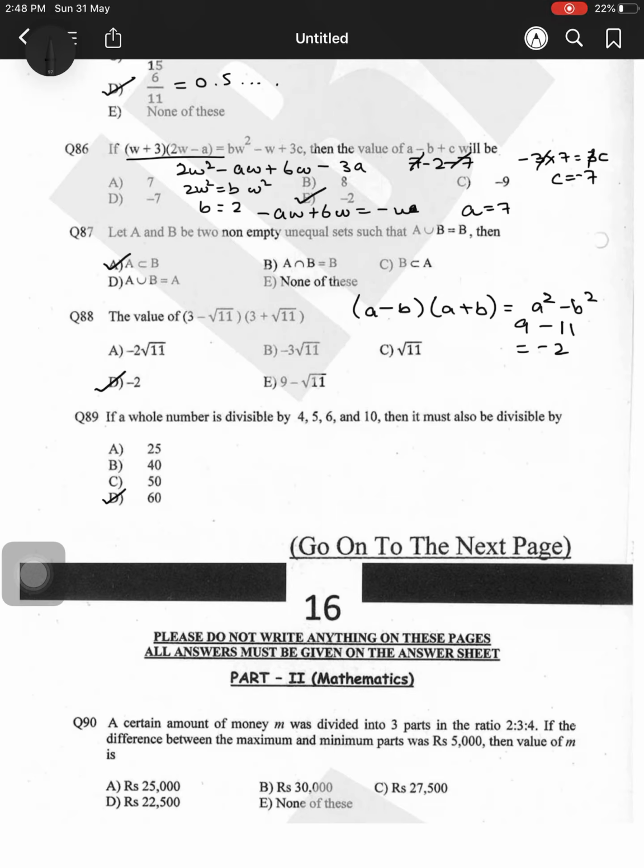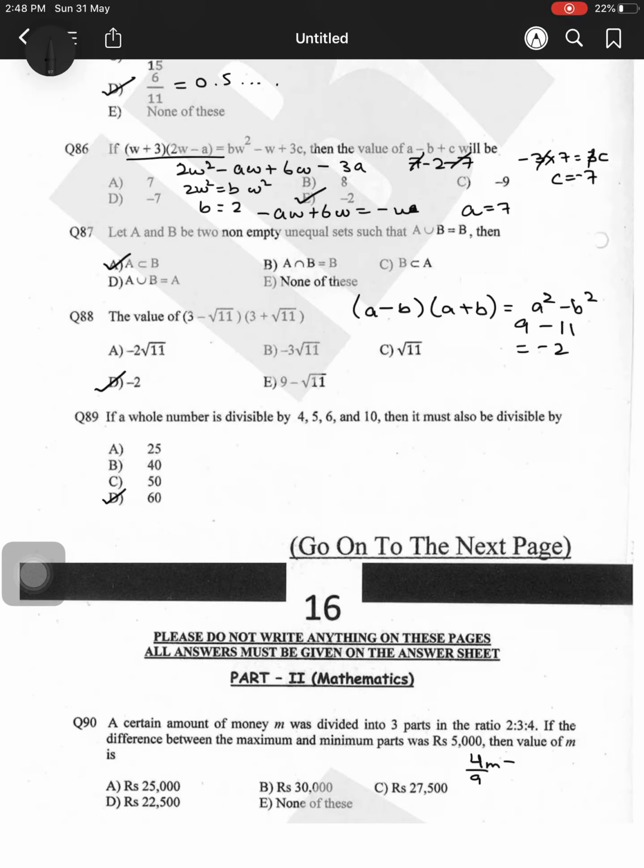This next question, he says that the difference between maximum and minimum parts was 5,000. Then you have to find the value of m. Okay, so the maximum is 4 upon 9m, because how did 9 come, 2 plus 3 plus 4, which gives us 9, and that is the total. 2 upon total, 3 upon total, 4 upon total.